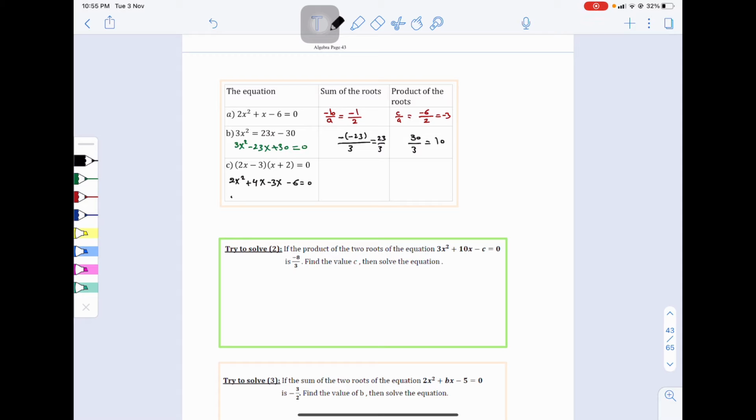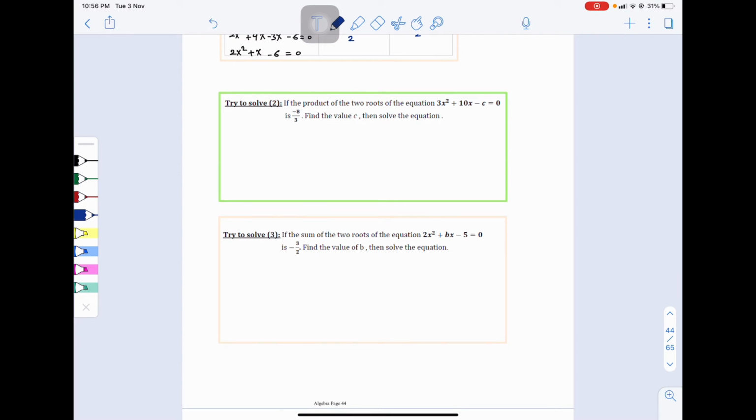Collect the like terms: 2x squared plus x minus 6 equals 0. So the sum of the two roots here equals negative 1 over 2, and the product of the two roots equals negative 6 over 2, equals negative 3.